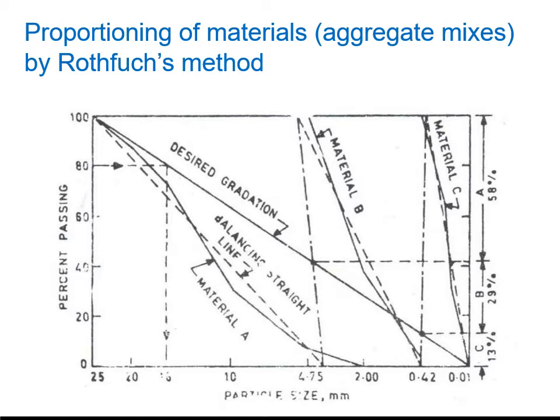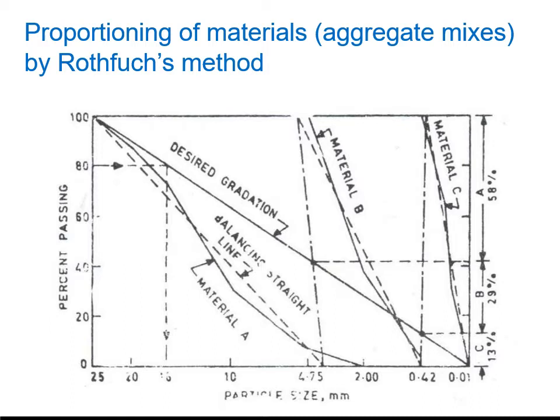On the x-axis we have particle size in mm, and on the y-axis percent passing from 0 to 100%, right? So that is with a given gradation that is plotted. The desired gradation may be decided either based on the recommended grain size distribution charts or tables or standard specifications.